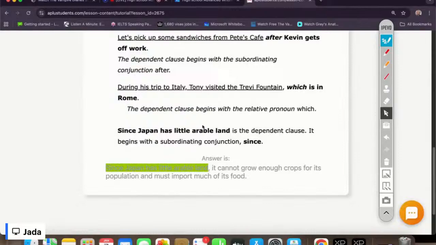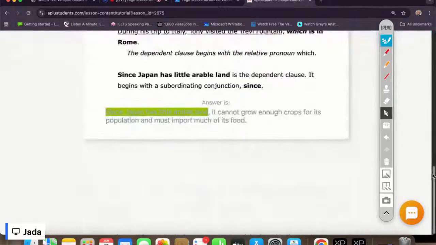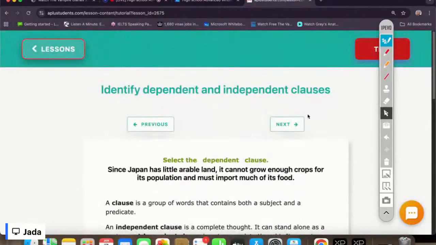Now the question: select the dependent clause. "Since Japan has little arable land, it cannot grow enough crops for its population and must import much of its food." "Since" is a subordinating conjunction, so it's the start of the dependent clause.